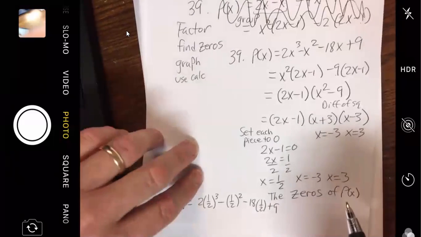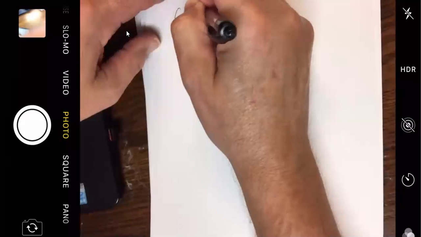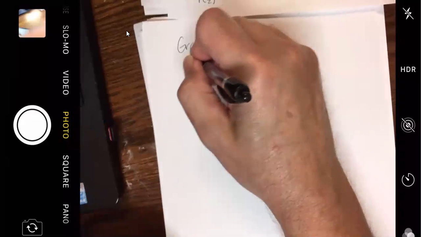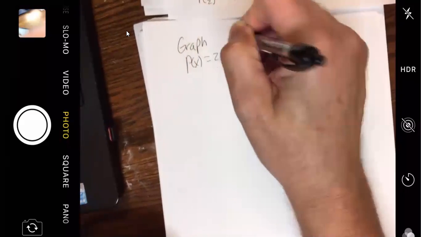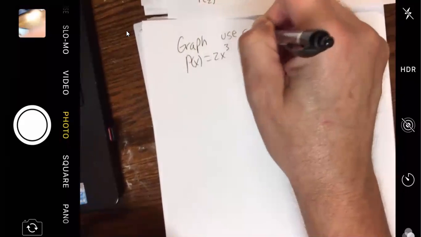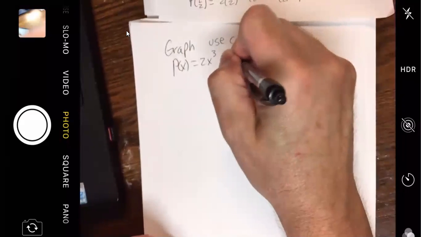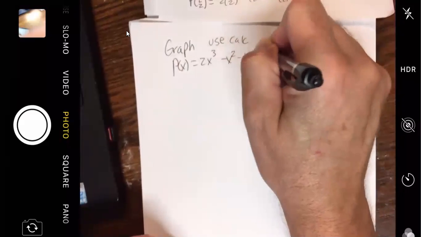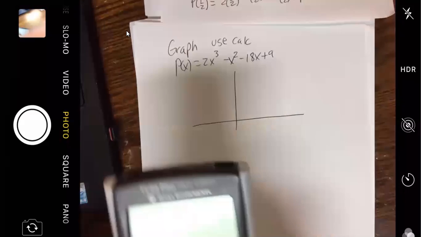Okay, for a graph, the book wants you to plot the x-intercepts and use end behavior. P of x is 2x to the third minus x squared minus 18x, add 9. We're just going to use the calculator. It isn't really obvious about the window.